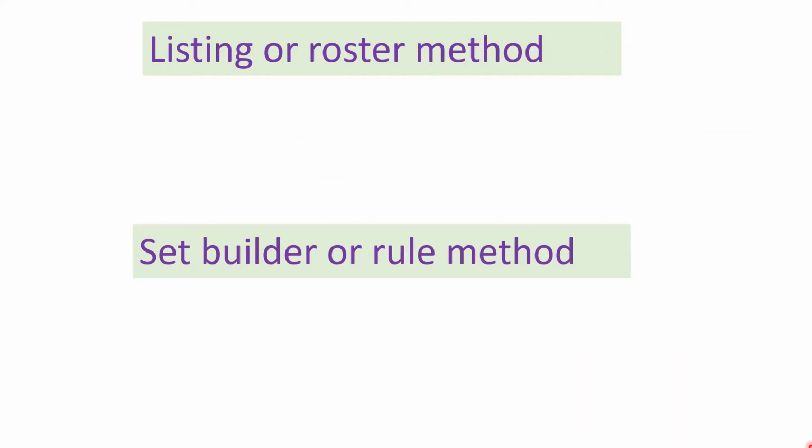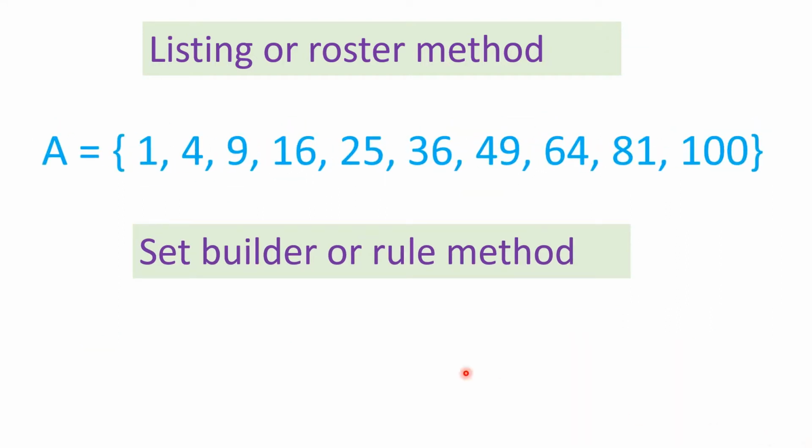One more example. Set A contains elements 1, 4, 9, 16, 25, 36, 49, 64, 81 and 100. So these are squares of numbers from 1 to 10. Each one is a perfect square of the first 10 natural numbers.